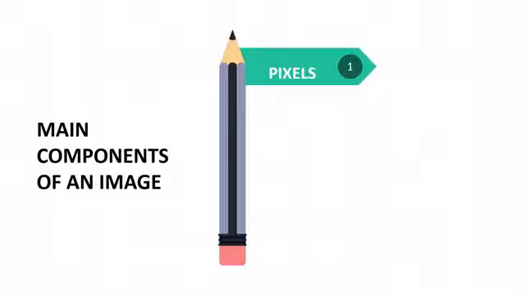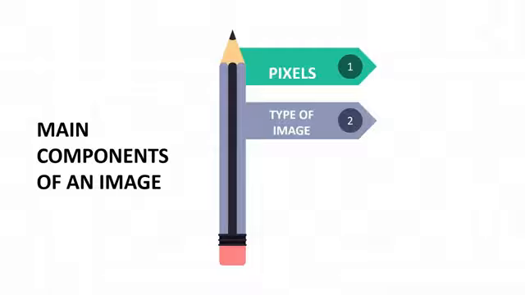Another short form for pixels is pels. Pixels are very important, giving us clarity: the more pixels available in a particular scenery, the clearer the image is to us.